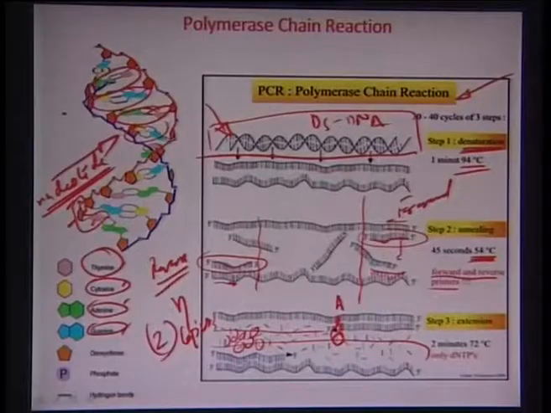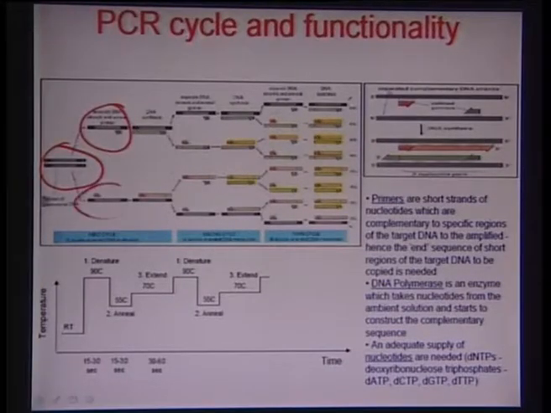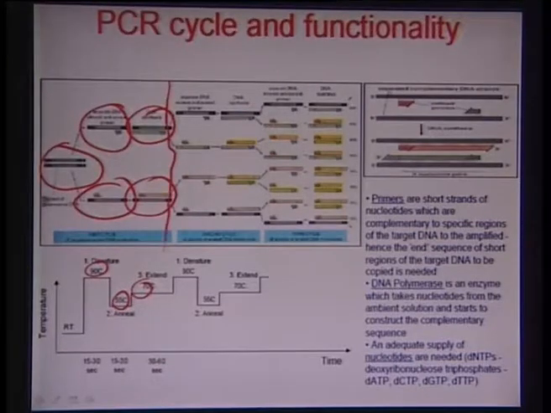So now let us look at some of the other aspects. Essentially you see a double stranded structure, you are splitting it open and binding it to primers, and then you are completing it through an enzyme, and these are at different temperatures, 90 degrees, 55 degrees, 70 degrees Celsius, and then from here again you repeat the cycle by heating and denaturing, binding to the primers again, and then extending it.